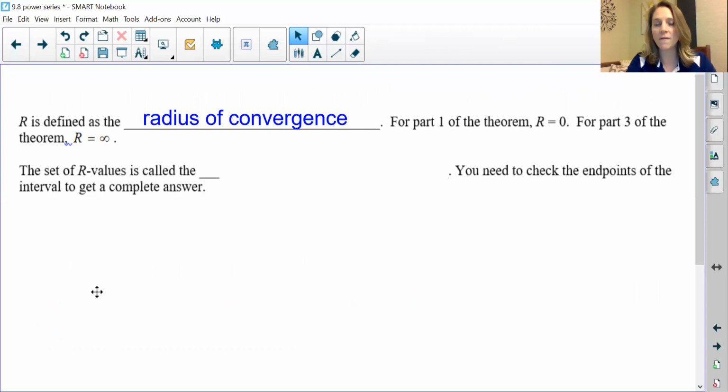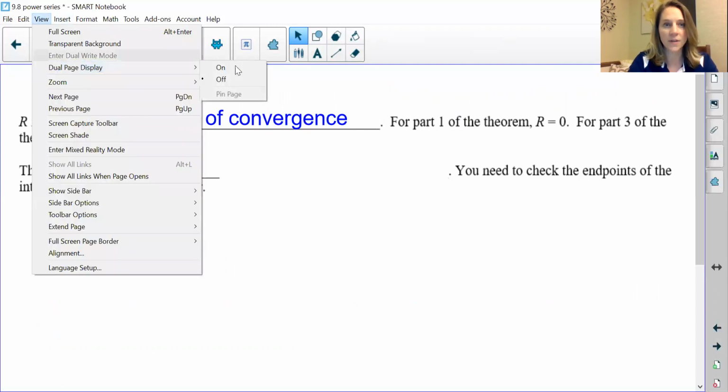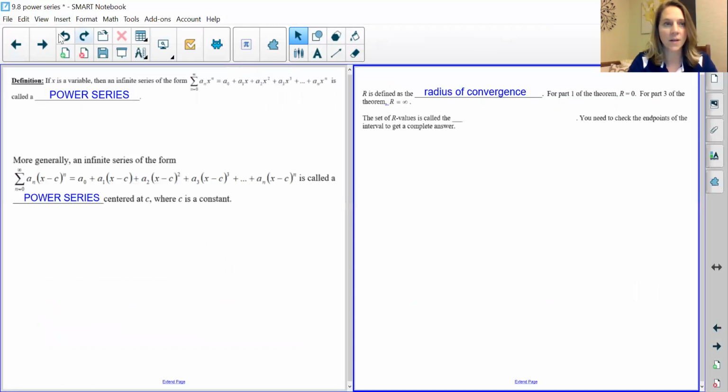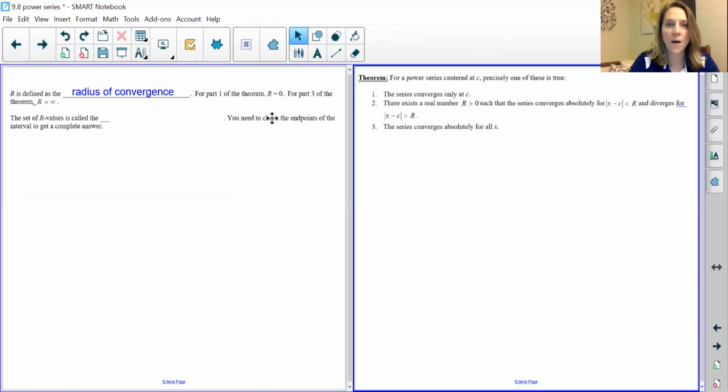For part 1 of this theorem, and this theorem is for power series, the series converges only at C, or where we're centered, and that's it.